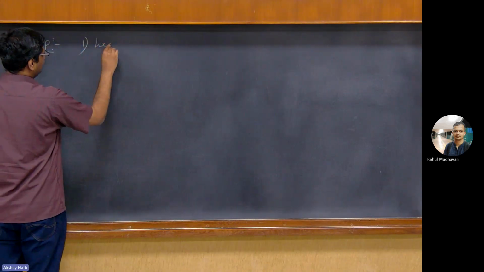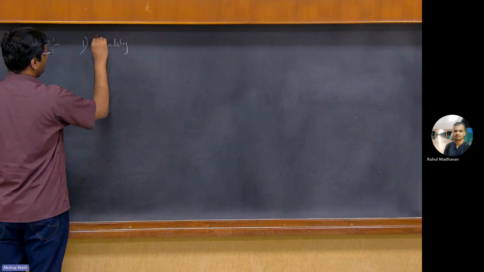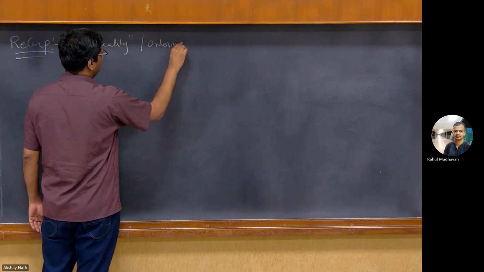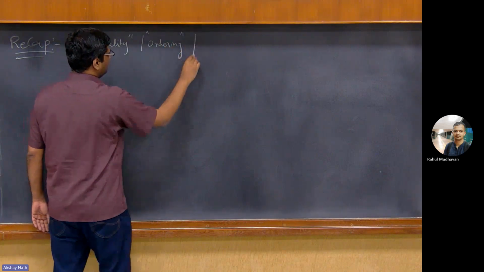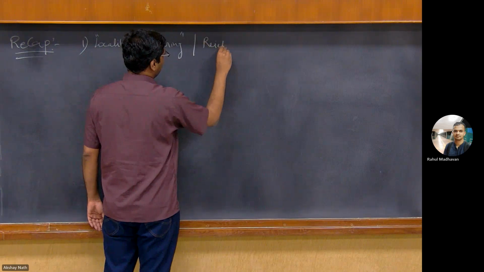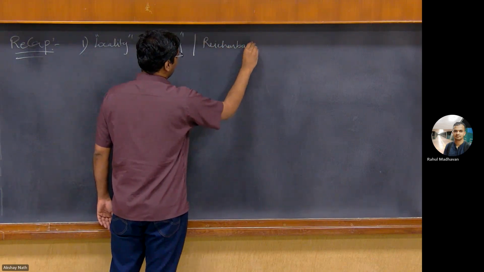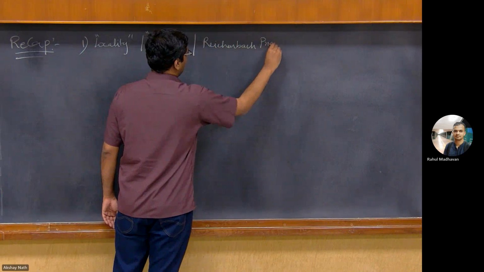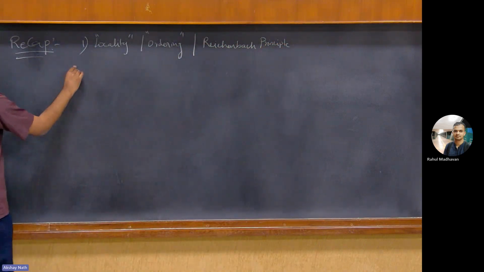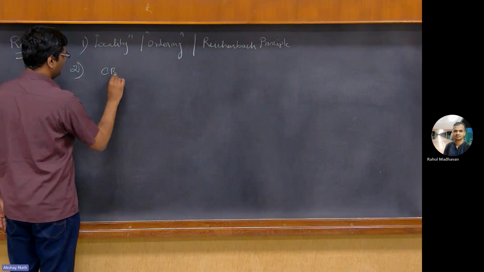So we looked at some properties like locality, ordering, these properties that any causal model should hold. So we define what is called a CBN.